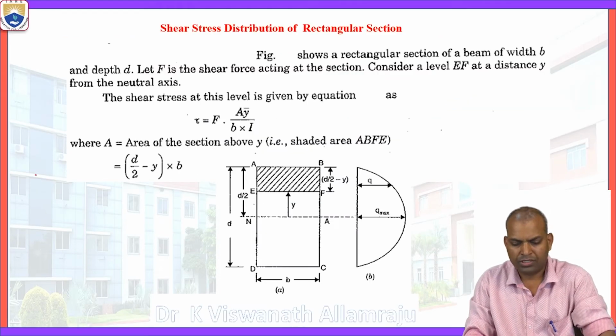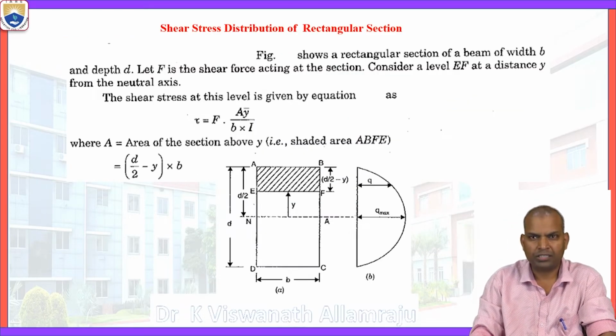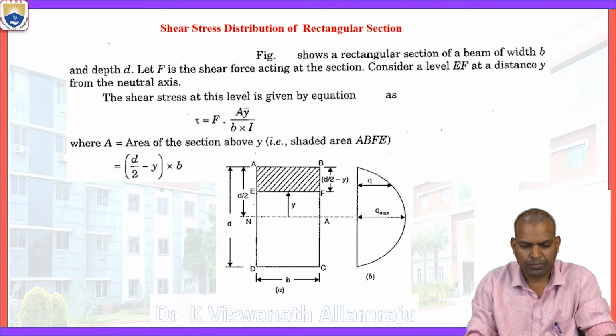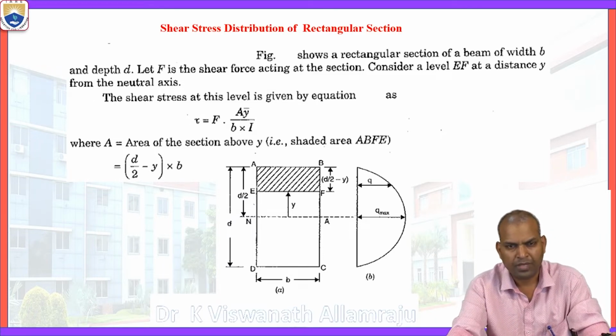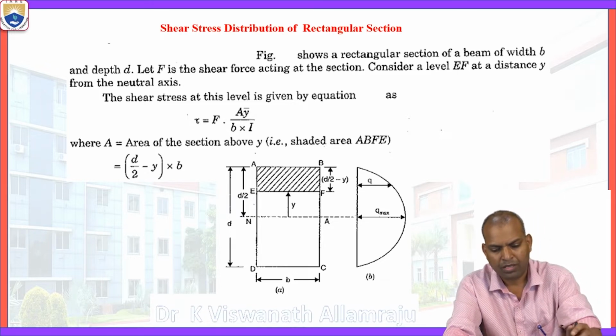Here, shear stress distribution of a rectangular section. In the previous class, we have studied how the shear stress distribution takes place by considering a simply supported beam subjected to uniformly distributed load.